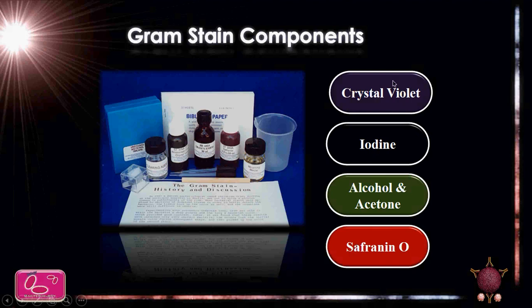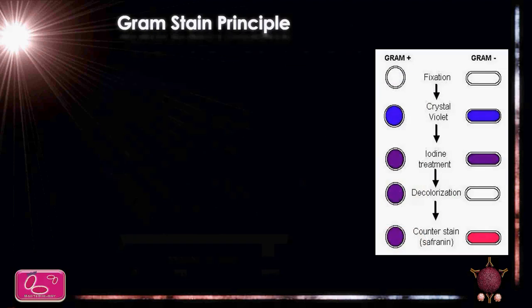Start with the primary stain known as crystal violet, then iodine, alcohol, acetone, and safranin as the background stain. What you need to understand is the purpose behind using each of these, and how the gram-positive and gram-negative look under the light microscope.